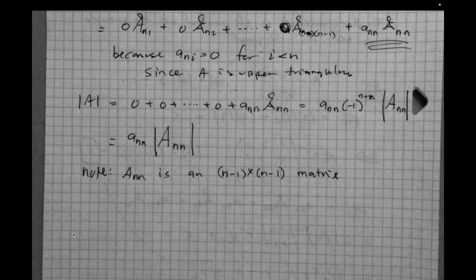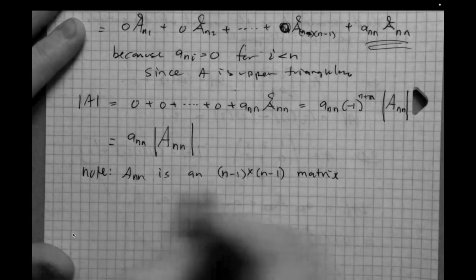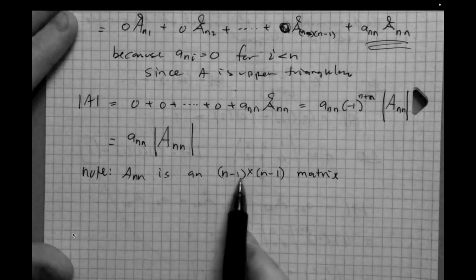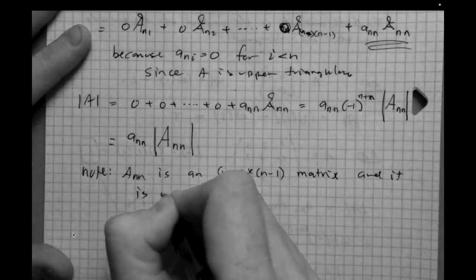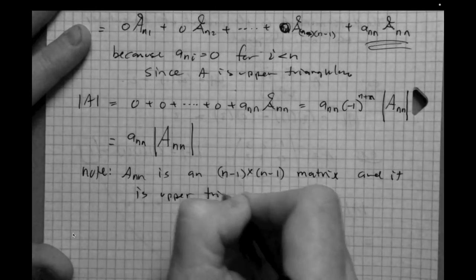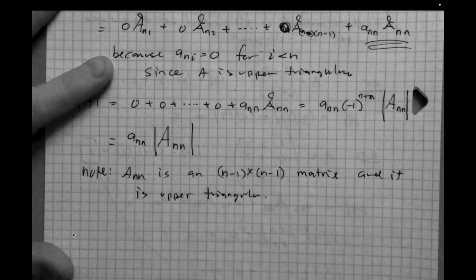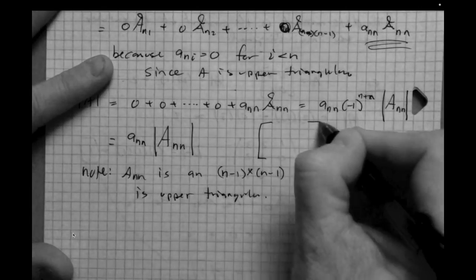Well, that n minus 1 by n minus 1 submatrix is upper triangular also, right? Because A is upper triangular. And so by the induction hypothesis, Ann is an n minus 1 by n minus 1 matrix, and it is upper triangular, right? Is that clear? Let's make sure that's clear.